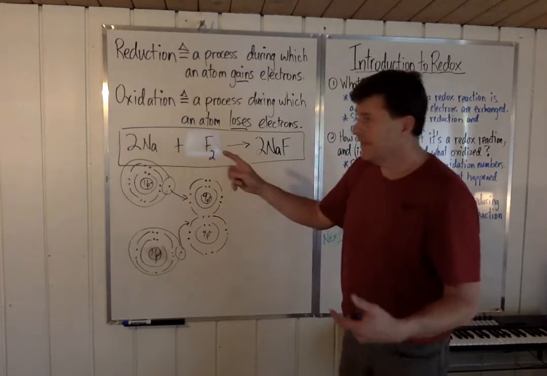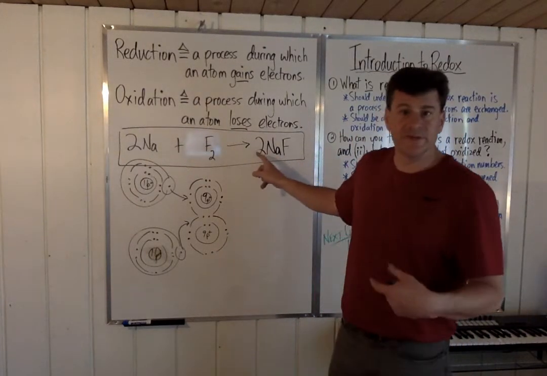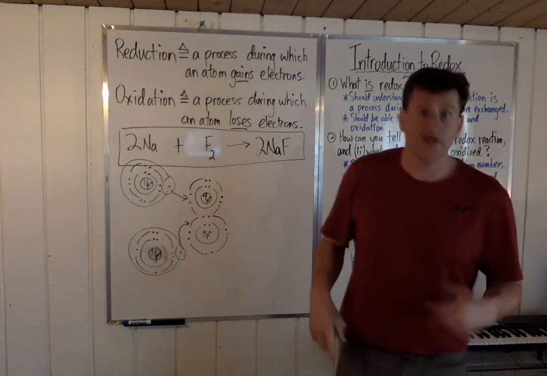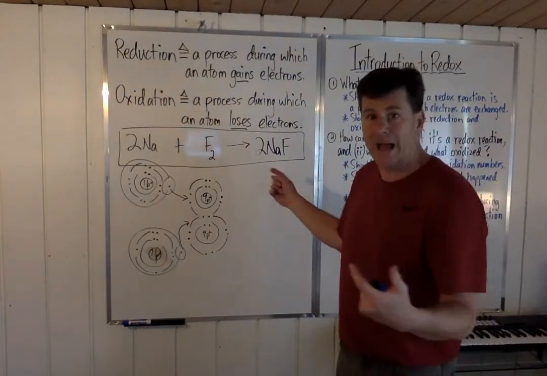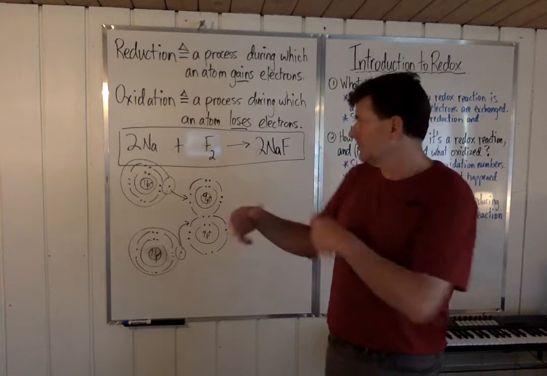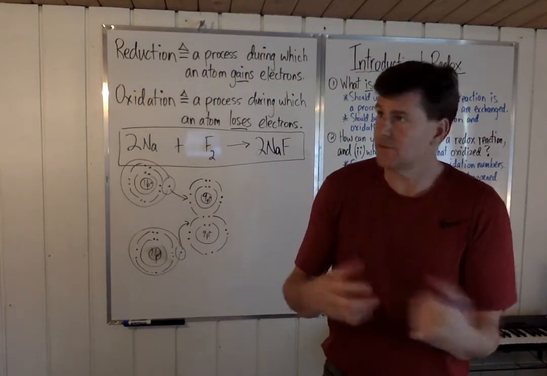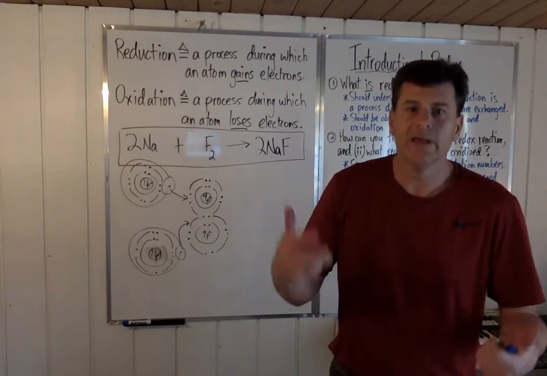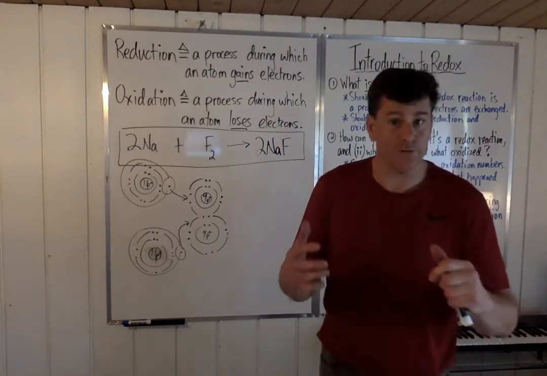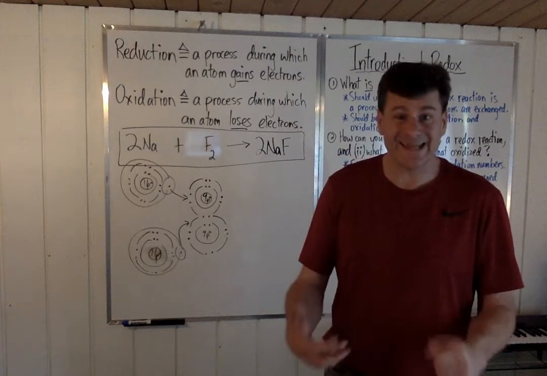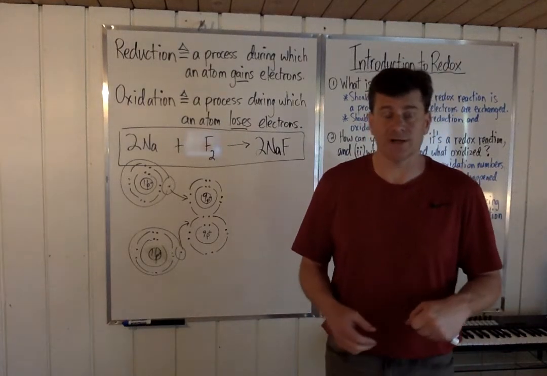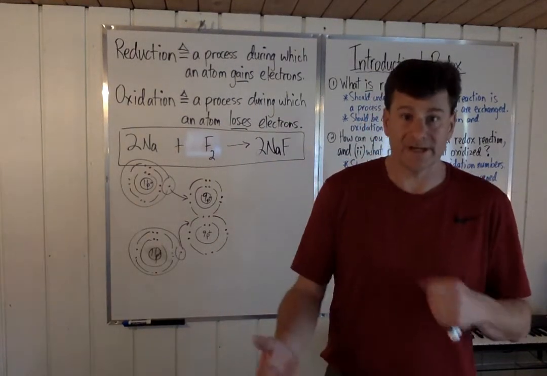And so they probably love to do this reaction and form sodium fluoride. They probably hate to go back in the other direction and like move the electrons back the other way. That process could still, in theory, happen, but it really doesn't want to happen. And so you can start thinking about the spontaneity of each direction of that redox reaction, which again, we're going to get into later on.